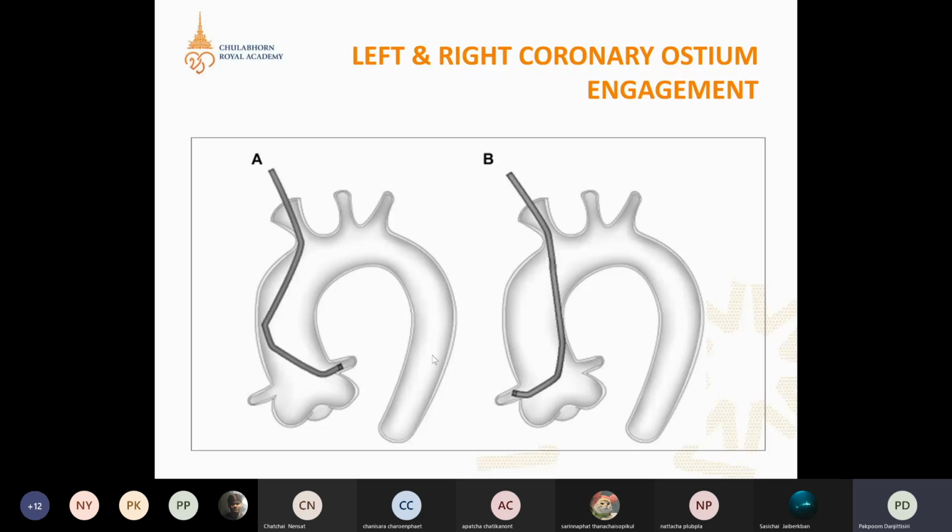The doctor will use a catheter to engage the ostium of the coronary artery in order to do coronary angiography, right?